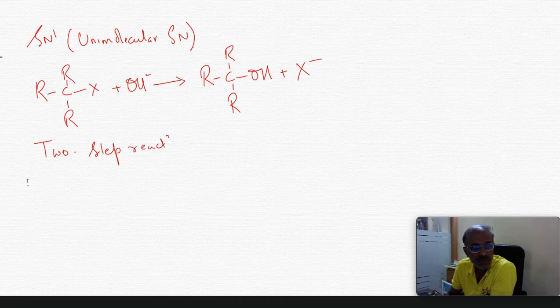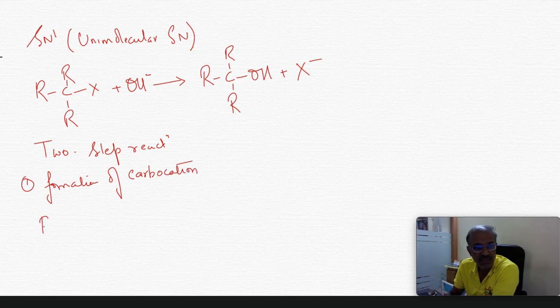What is the first step? The first step is nothing else but formation of a carbocation. Carbocation means a positively charged carbon atom. Take for instance R, C, R, R, and then this is the X, right?